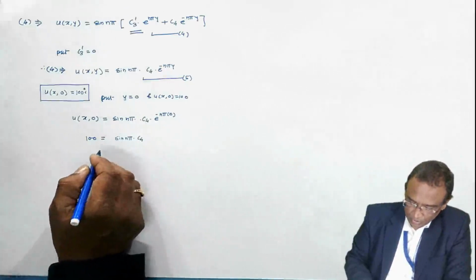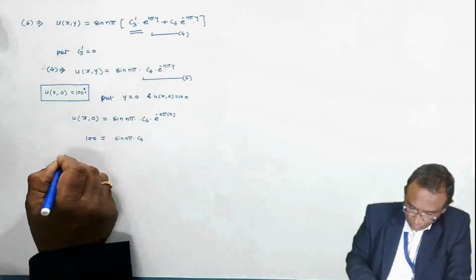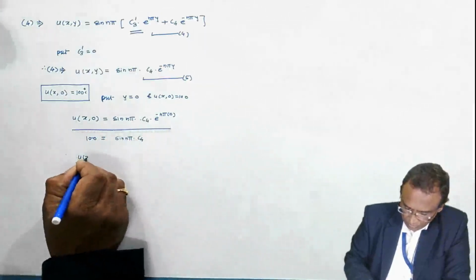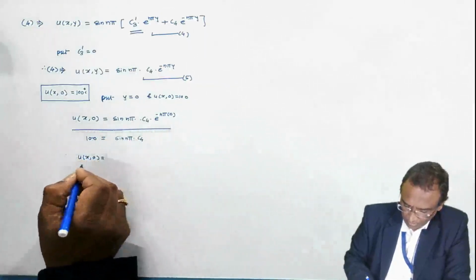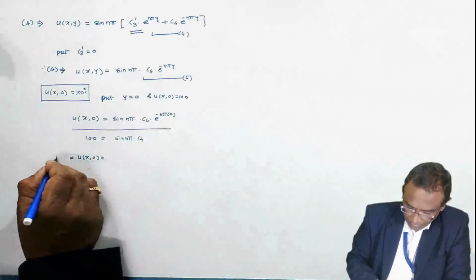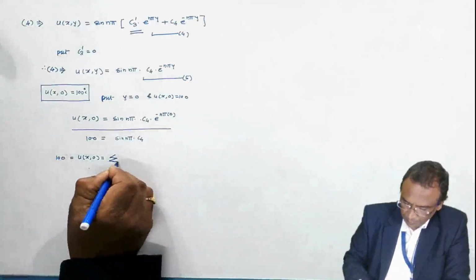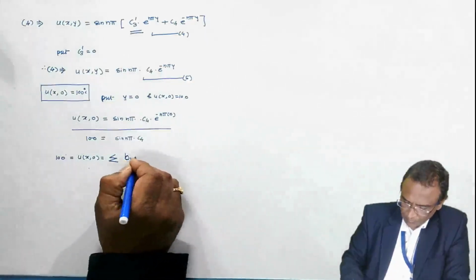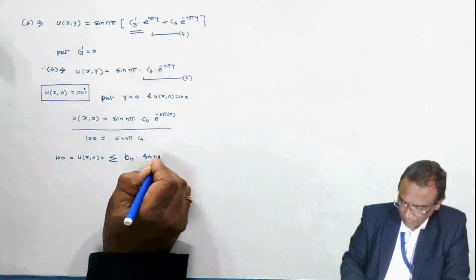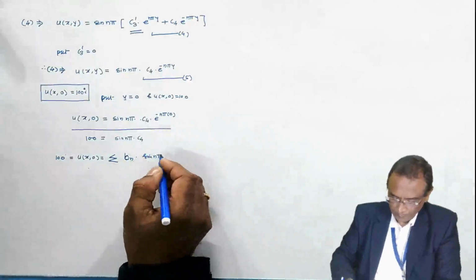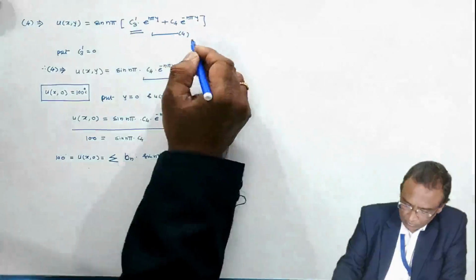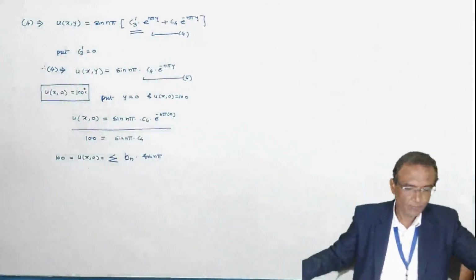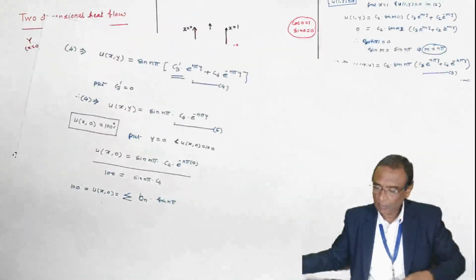So u of x, 0, or 100, is this summation, and this C4 can be written as Bn sin n pi. C4 dash, what is equation 4? Let me see.